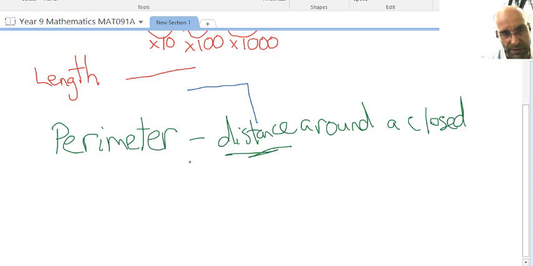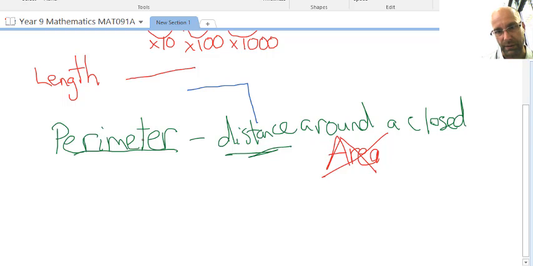So distance, perimeter, they're linked. There should be no confusion with area. Area is not in that category. So we are not yet talking about area. Area and distance, or area and length, are not the same.